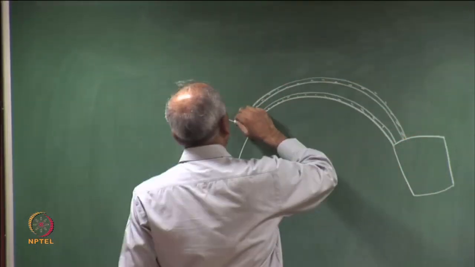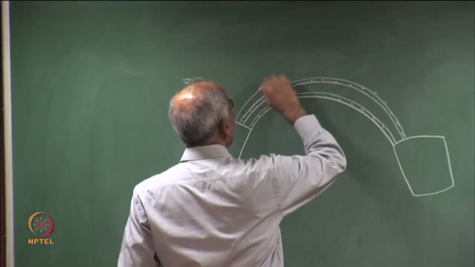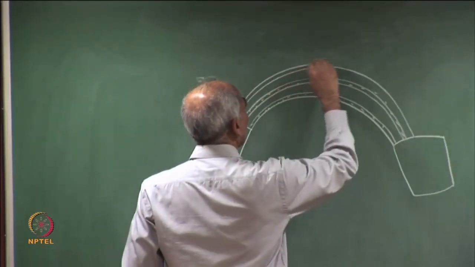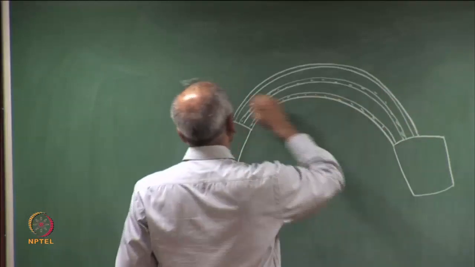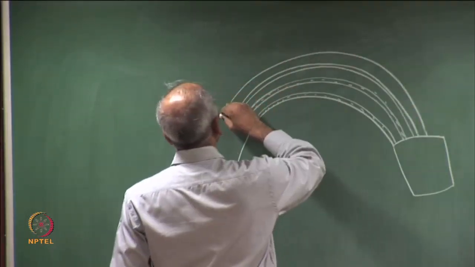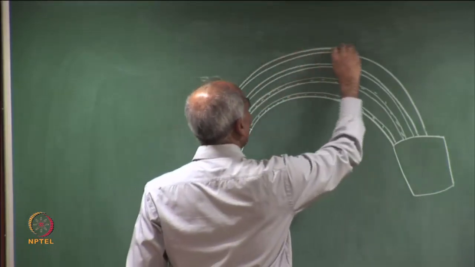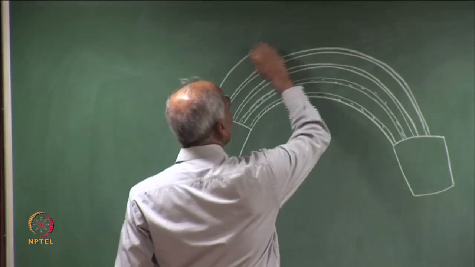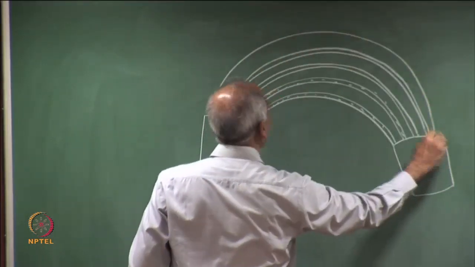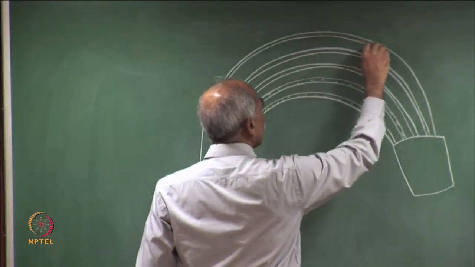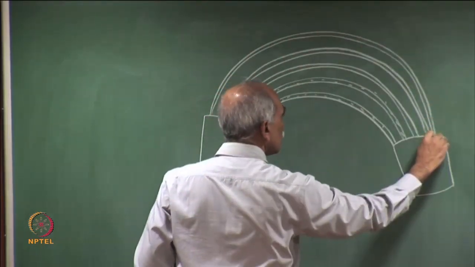An array of waveguides. Let me show all of them without leaving any gap. So, I think we will have 5 waveguides. The number could be much larger, but I have chosen 5 here just to distinguish.